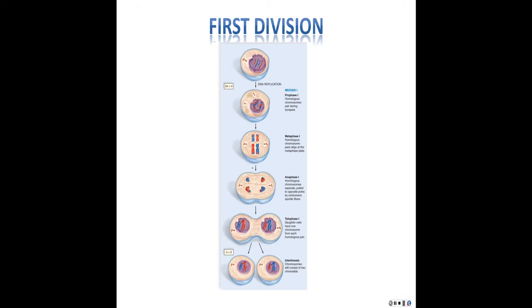But you can imagine another scenario where this small one was also red and this was red. You can also imagine a scenario where this blue one is here and this is blue instead. So there are all the different possible combinations, and that's what gives rise in one way to the genetic diversity of the offspring, of the resulting cells.